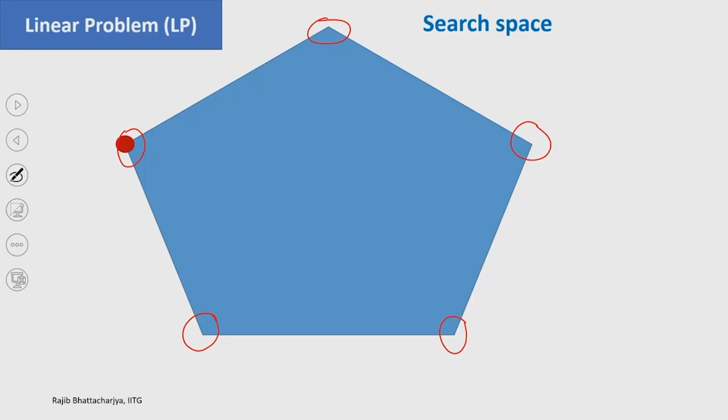Okay. So, the method should be developed in such a way that you are not looking at any solution other than these corners. So, you can say this is one property of a linear problem, that your solution will be in one of the corners of the convex search space.